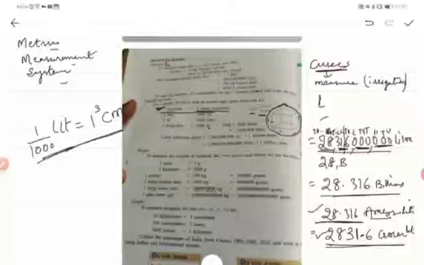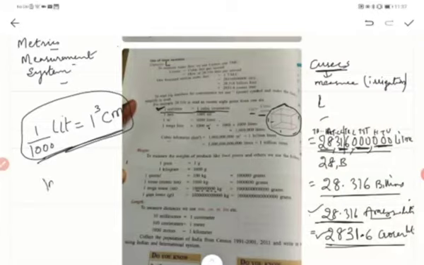So this is the relation between your liter and the cuboid capacity. So 1 milliliter is equal to 1 cc, remember this. Now in the next expression we say that 1 liter is equal to 1000 milliliter.